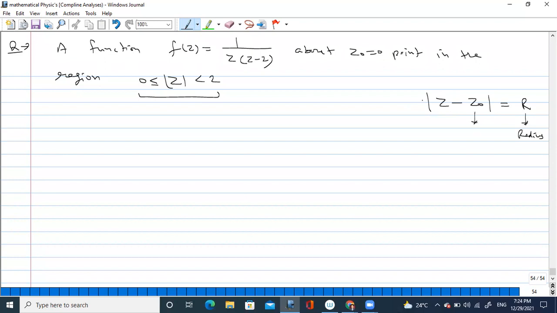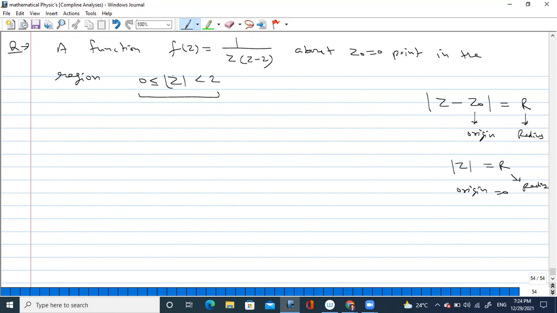This point, and inside, mod z minus z0 is there, so the z0 point is known as the origin. Understood? So now if mod z is r written, here the origin is 0, because z minus 0 it will be, and this is your radius.